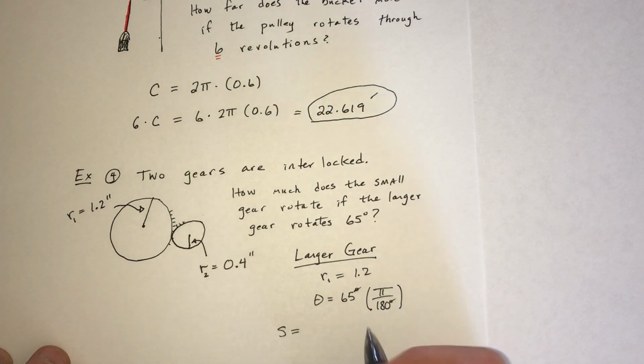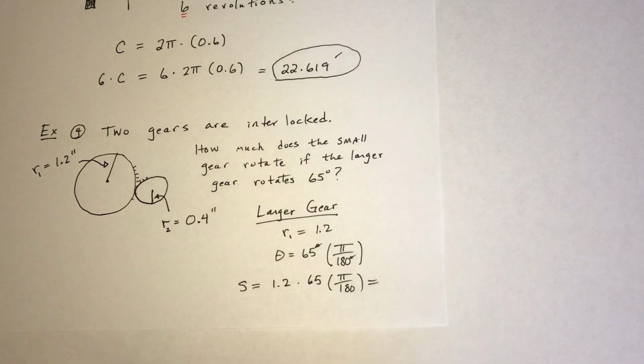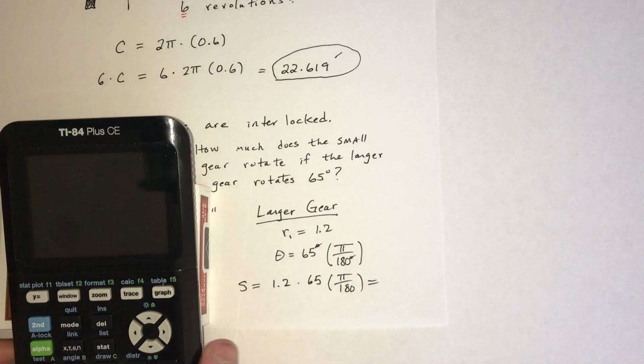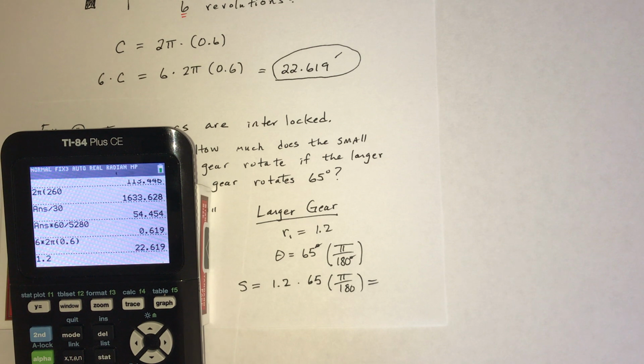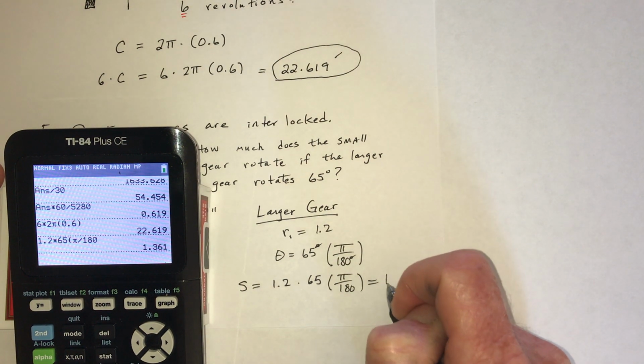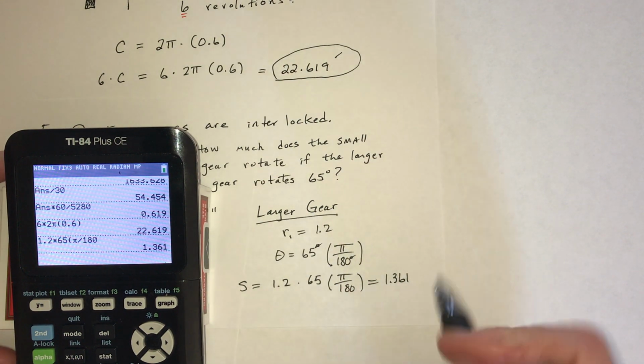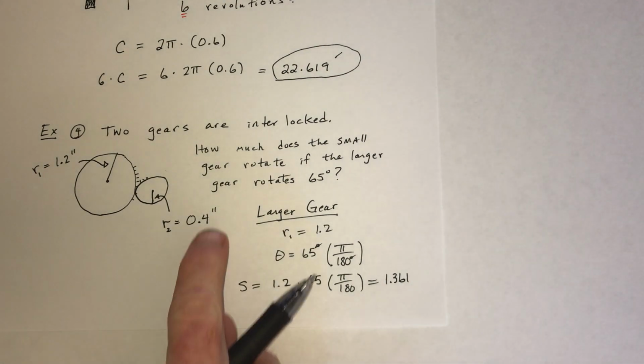So arc length is equal to R times theta. So that's 1.2 times 65 times pi over 180. So that's 1.361, and this is in inches, right? Yeah, inches.